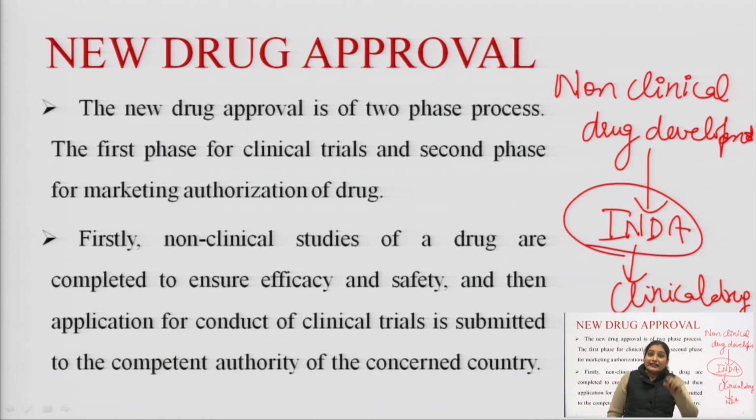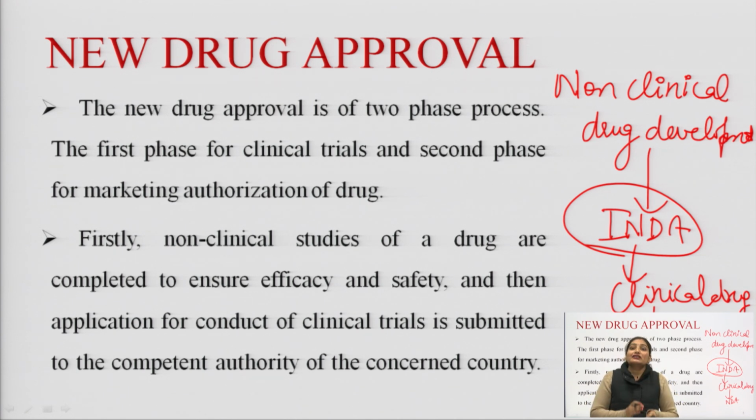Okay. For getting this new drug approval, the sponsor has to submit the data of the non-clinical drug development stage and also the clinical drug development stage. Okay. The sponsor has to submit all the data that comes from all the studies performed on the respective drug product. Okay.